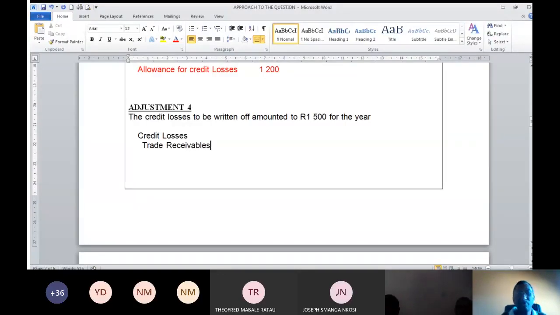Remember, you don't have those people owing you the money anymore. So you debit your credit losses now, and the amount is 1,500. And you will have to decrease your debtors. 1,500 of your trade receivables must be written off.